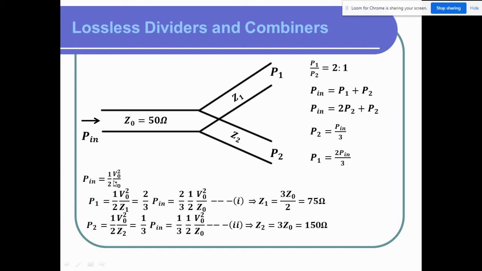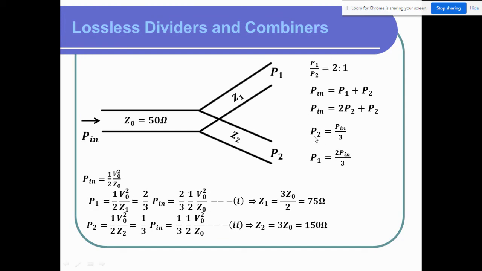Similarly, for this one, it should be the same because they are sharing the same junction: P1, P2, and P in. So V naught is common for all. So it is half V naught squared by Z1, and for P2, it is half V naught squared by Z2.